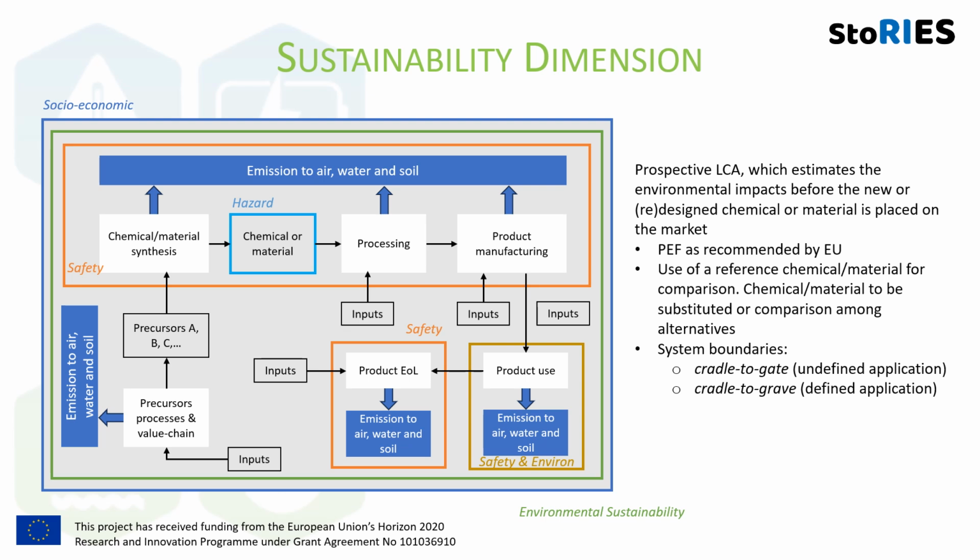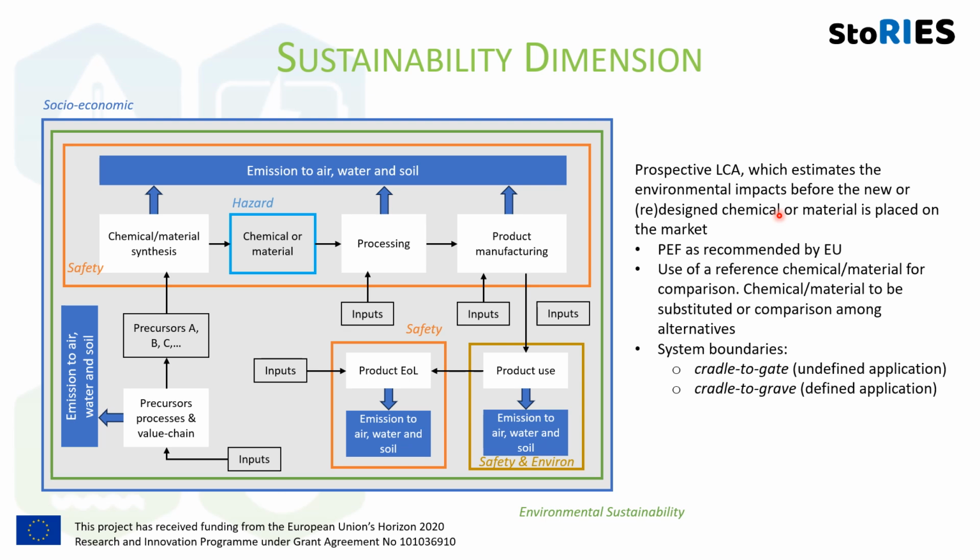For the assessment of sustainability, the framework gives some recommendations and suggestions. First of all is to use a life cycle thinking approach, and therefore LCA can be the proper tool to use. And second, for the impact assessment, the framework recommends the Product Environmental Footprint, and the reason is that both methods have been developed by the European Union.